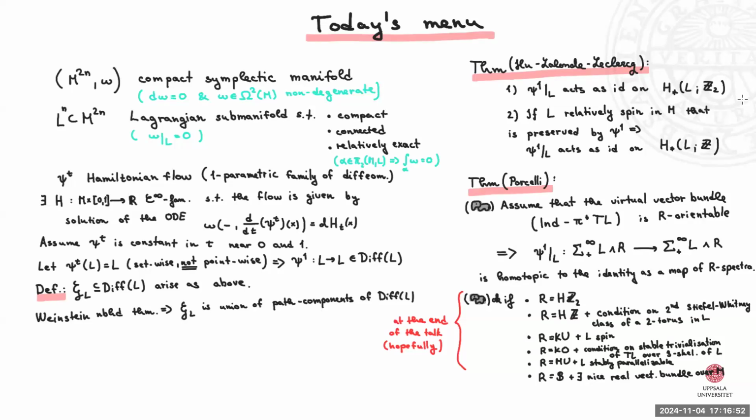But if L is relatively spin, and this relative spin structure is preserved under the one-time flow, then this one-time flow acts as identity on the homology group with Z coefficients.